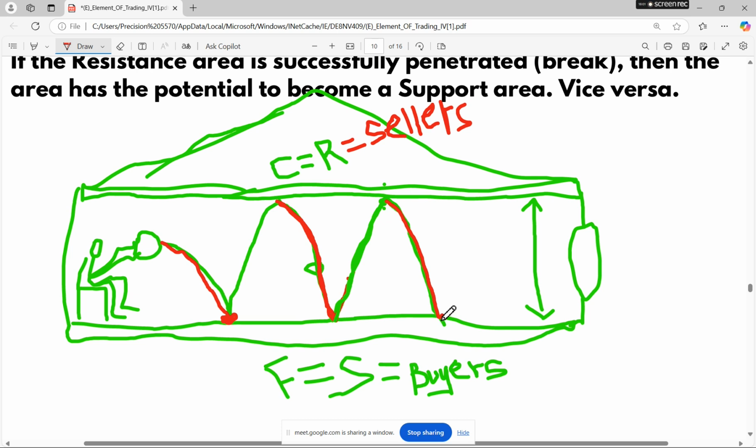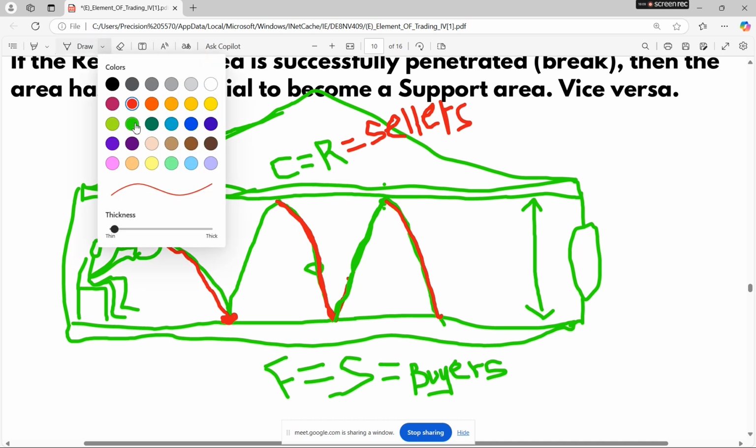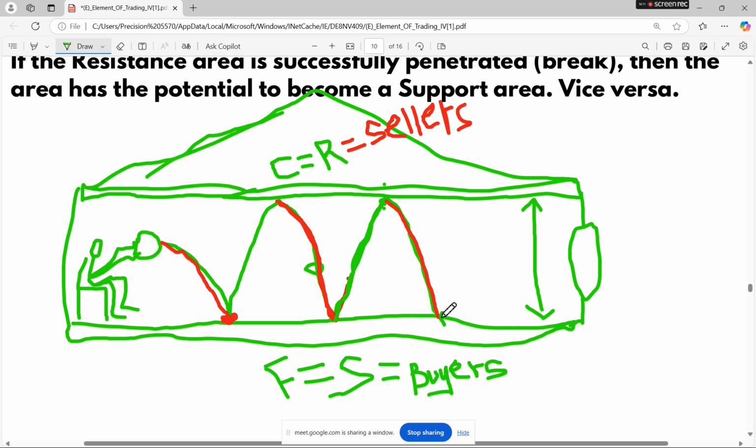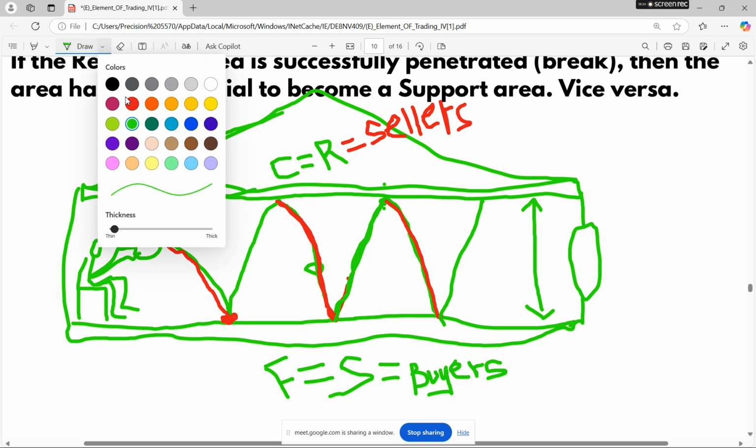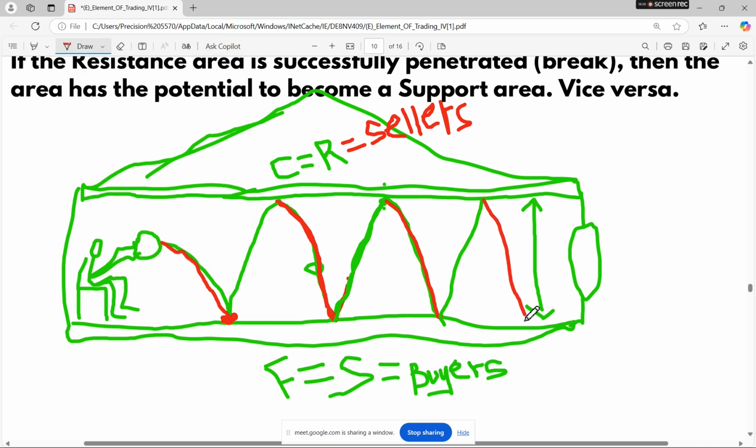When the market reaches the support level, it will have to bounce off. Buyers will be waiting there and they will push the market to come up again. When it reaches the resistance level, sellers will come in to push the market down.